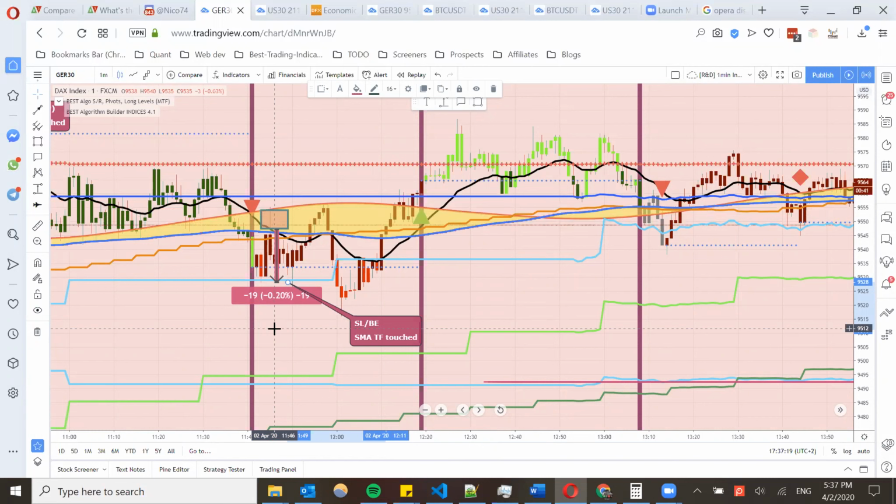Otherwise, I would say just set your stop loss to the break-even price, like here. Yeah, it's clear.